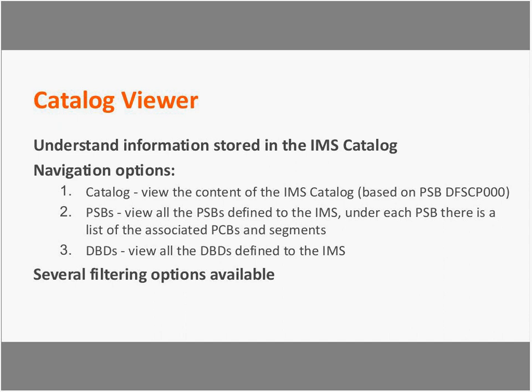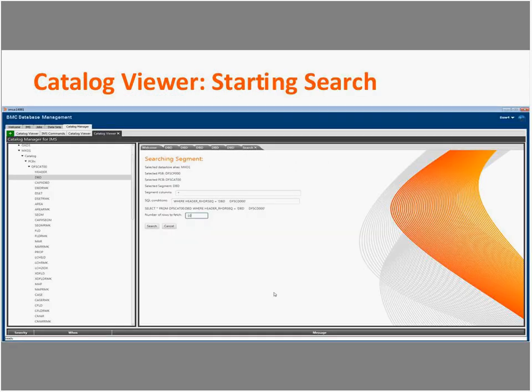And the filtering characteristics can be done via masking, can be done via SQL conditions, or you can filter it based upon the number of rows that you want to see in the results window. And I'll show you that.